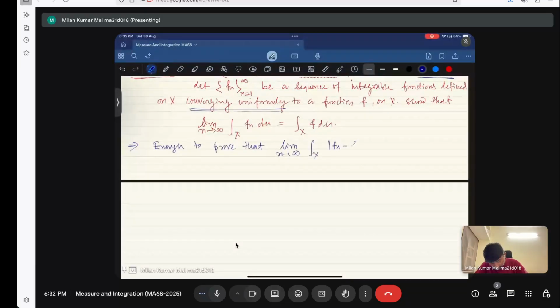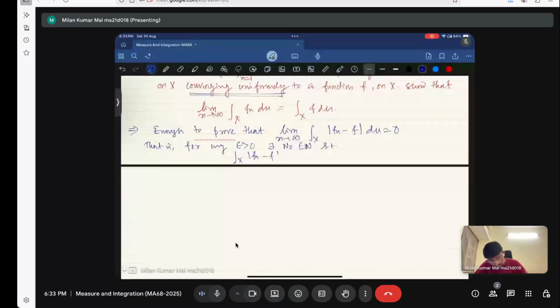That is, for any given epsilon greater than 0, there exists a natural number n naught such that the integral over X of mod of f_n minus f d mu is less than epsilon for all n greater than or equal to n naught. So this is what we have to prove.